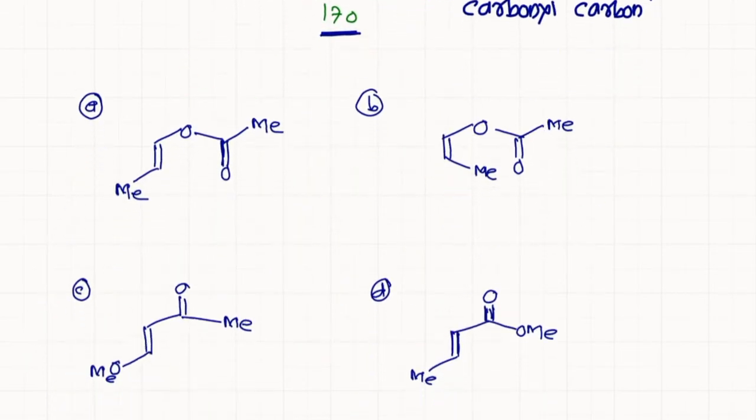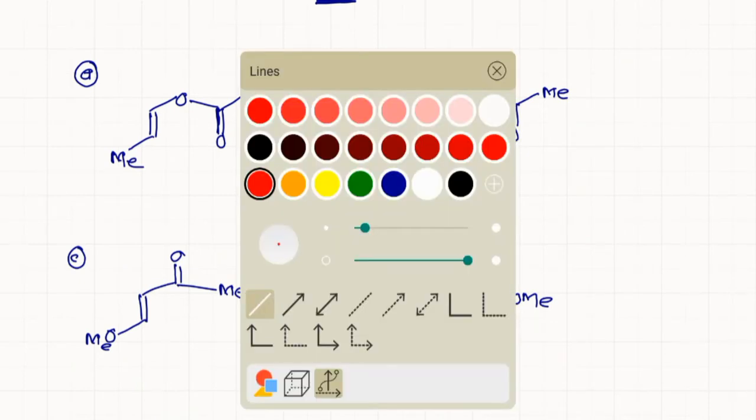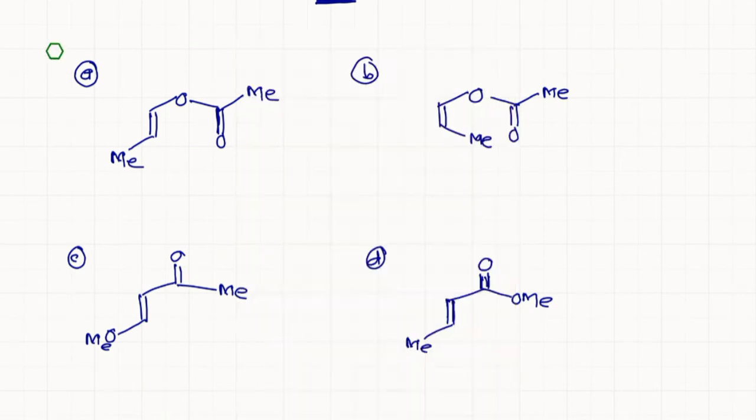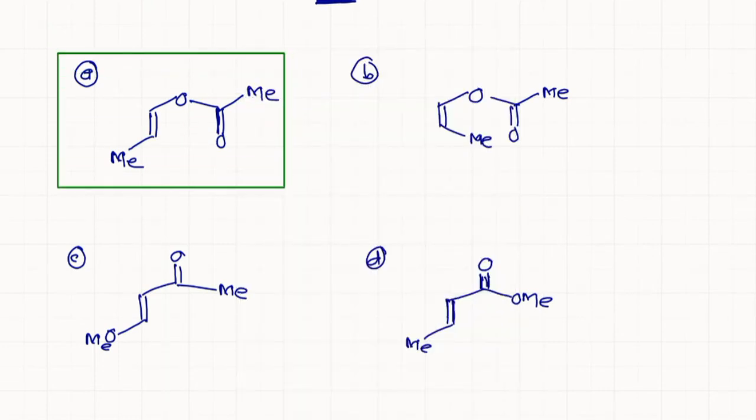Okay, there are 4 options given. So we will look at the 4 different options first. Here this is the first option, an ester which is connected with the double bond.